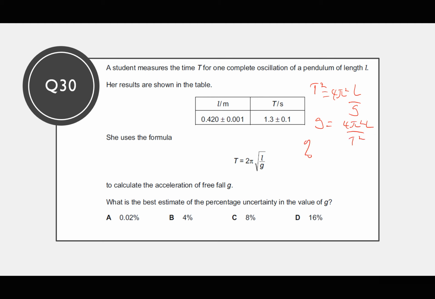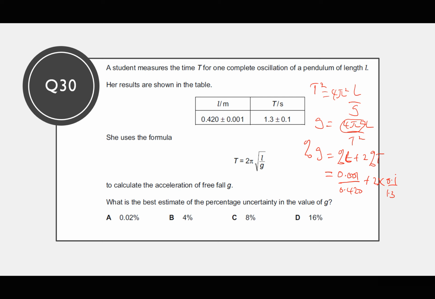Then the percentage uncertainty in g will therefore be, ignoring the constant, percentage in L plus twice percentage in T. So we substitute: we have 0.001 over 0.420 plus 2 times for T, that is 0.1 divided by 1.3.